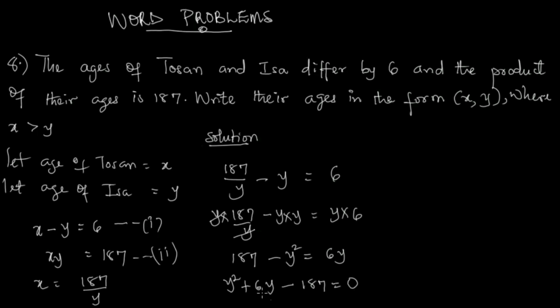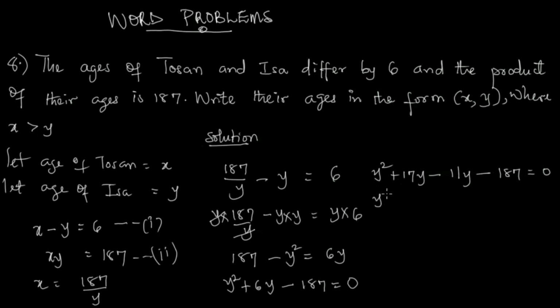Now we're going to solve this quadratic equation. 17 minus 11 will give us 6, and 17 times minus 11 will give us minus 187. So we're going to have y squared plus 17y minus 11y minus 187 equals 0.